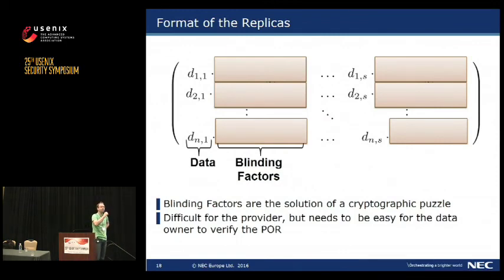Because then, if you increase the number of blinding factors you need to answer one block, this does not cost you more for replication, but this increases the cost for answering the challenge, the one block. So on this, you could play. But the parameters I've shown are the optimal spot we have found.